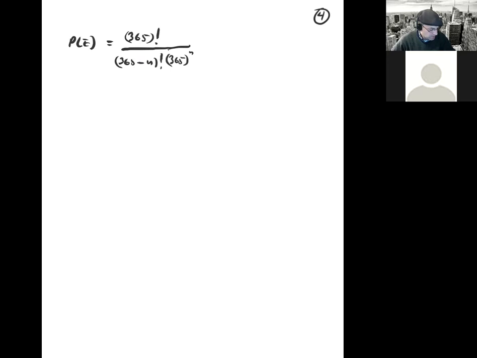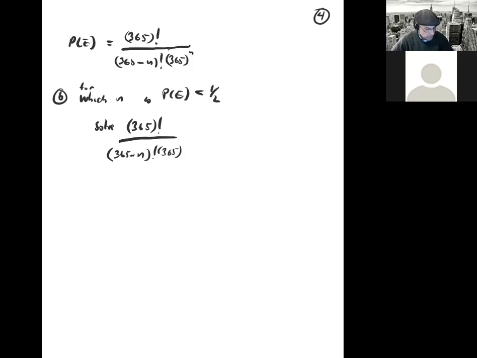So question B is, for which numbers n is the probability of E smaller than 1/2? So you're going to have to solve an inequality for that. You have to solve the inequality that this is less than 1/2. And that's not so easy to solve in general, but you could actually do it by trial and error, brute force.